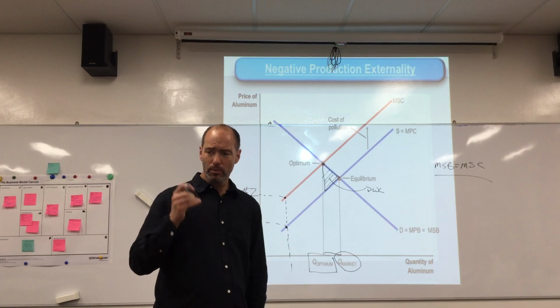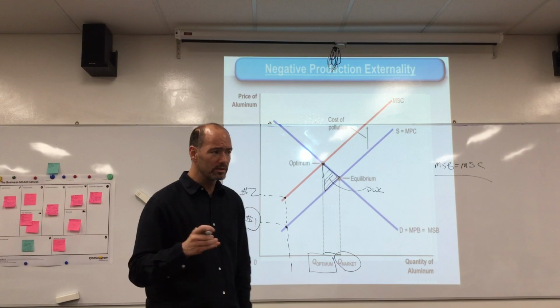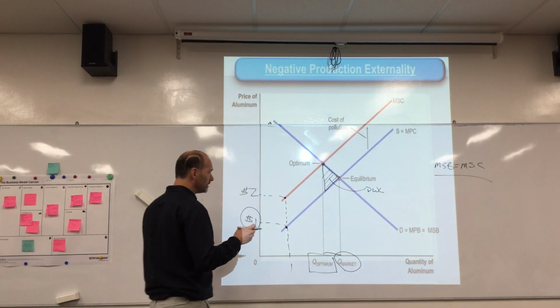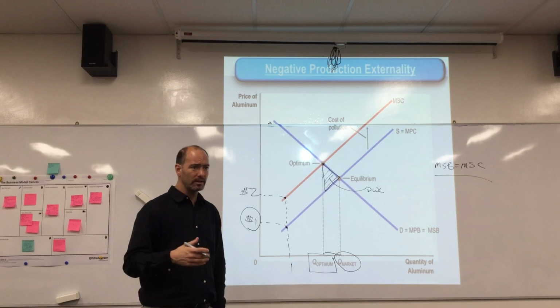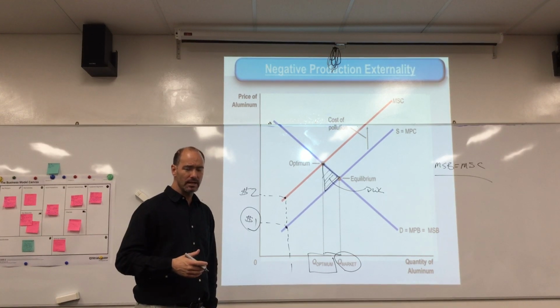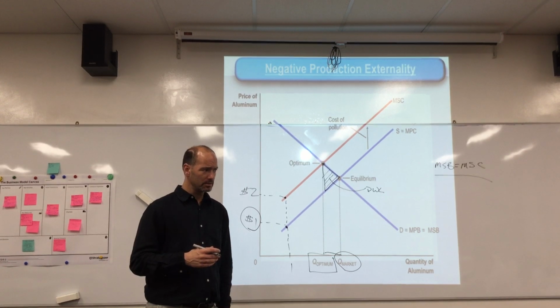So when markets fail, that is reason, at least according to some economists, for governments to enter the market, interfere in the market, intervene in the market process in order to correct the misallocation of resources.